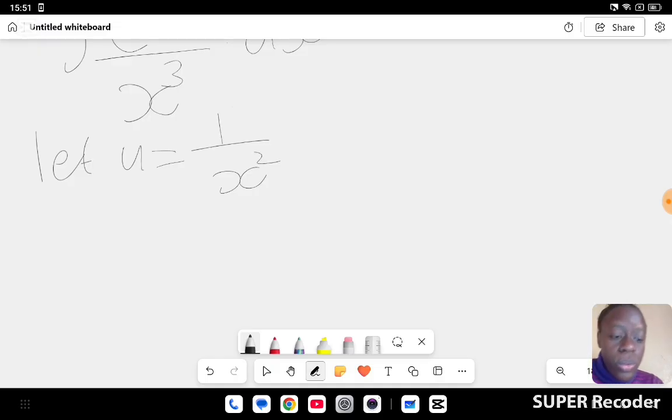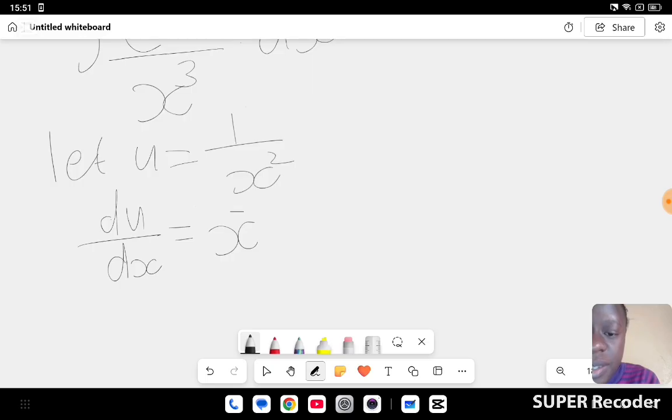For u, we have to differentiate it. Even though we are integrating, there has to be differentiation. And du over dx, the reason we are using du is in respect of the u that we have let. Let's write 1 over x squared like this.